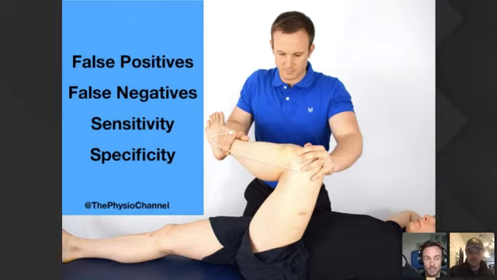However, with a lot of special tests, recently it started to come to light that they are not as special as we once thought, and that they don't give us the conclusive answers as to what's going on with our patients. So Mike and I are going to have a discussion about that today, and I'm kicking off with what you can see on the screen here, which is false positives, false negatives, sensitivity, and specificity.